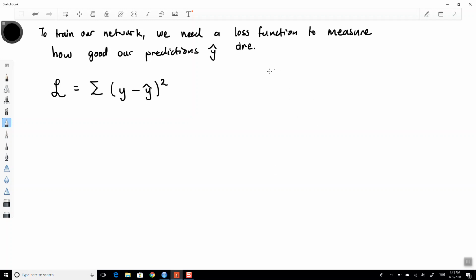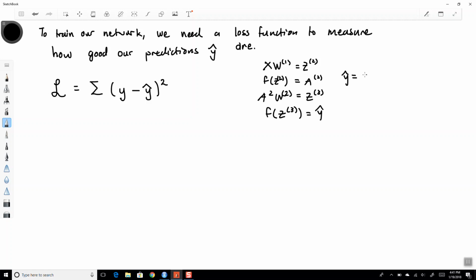We can rewrite all of this. A2 times W2 is equal to Z3, and f applied to Z3 is Y hat, or we could say Y hat is equal to f of, it's getting messy, f of XW1 multiplied by W2 or something like that, right?